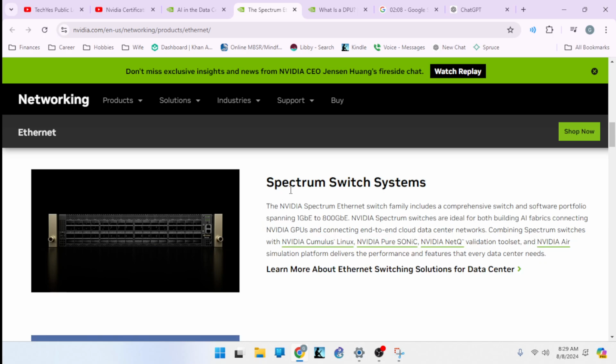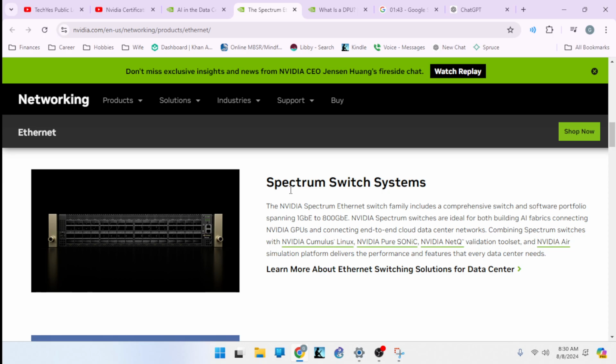Spectrum switch systems. The Nvidia Spectrum Ethernet switch family includes a comprehensive switch and software portfolio spanning 1 gigabit Ethernet to 800 gigabit Ethernet. Nvidia Spectrum switches are ideal for both building AI fabrics, connecting Nvidia GPUs, and connecting end-to-end cloud data center networks.